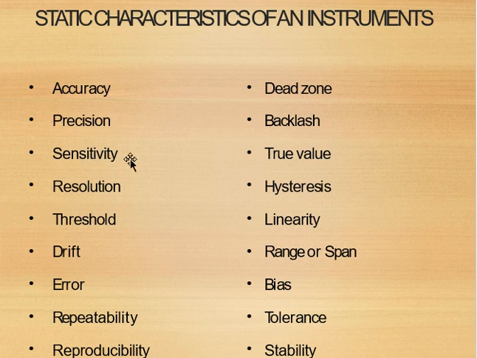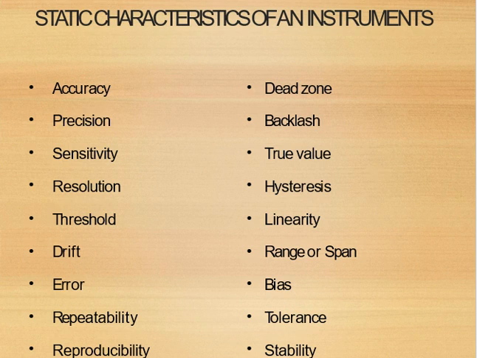We have to see sensitivity, then resolution, then threshold, drift, error, repeatability, reproducibility, then readability is also there, which is not included in this list, but we have to see that also. After that we have to see the dead zone, backlash, true value, hysteresis, linearity, range or span, then bias, then tolerance, then stability. These are the n number of static characteristics available, and we have to cover most of them, so don't worry about that.